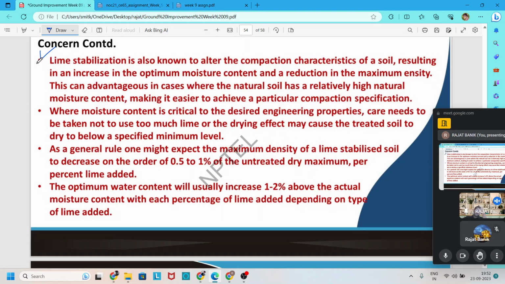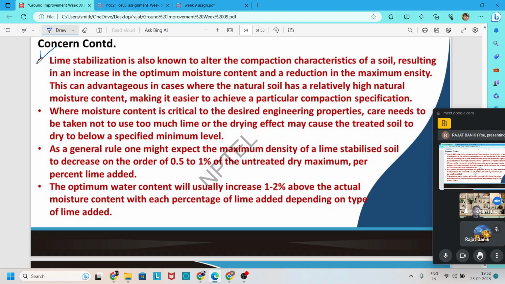As a general rule, one might expect the maximum density of lime-stabilized soil to decrease on the order of 0.5 to 1% of the untreated dry maximum per percent lime added. That means the maximum dry density should not be reduced by more than 0.5 to 1% of the untreated soil. So this should be taken care of.